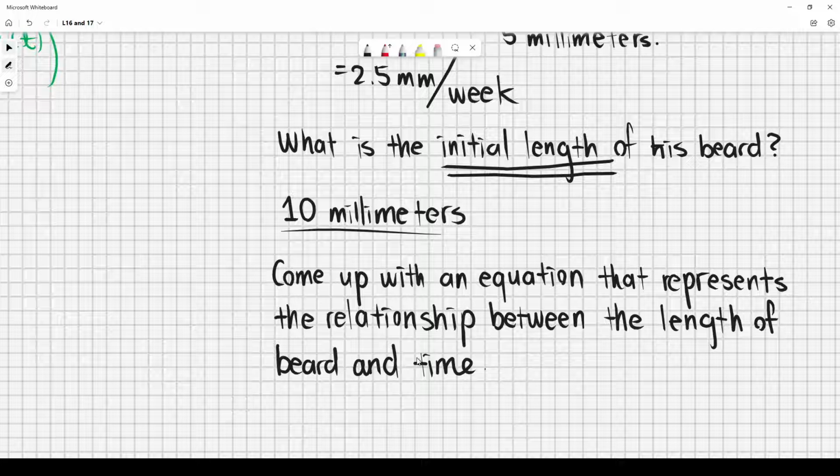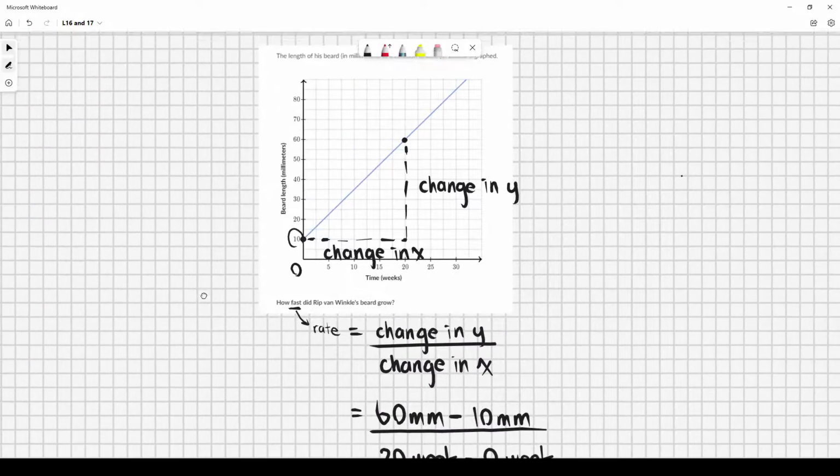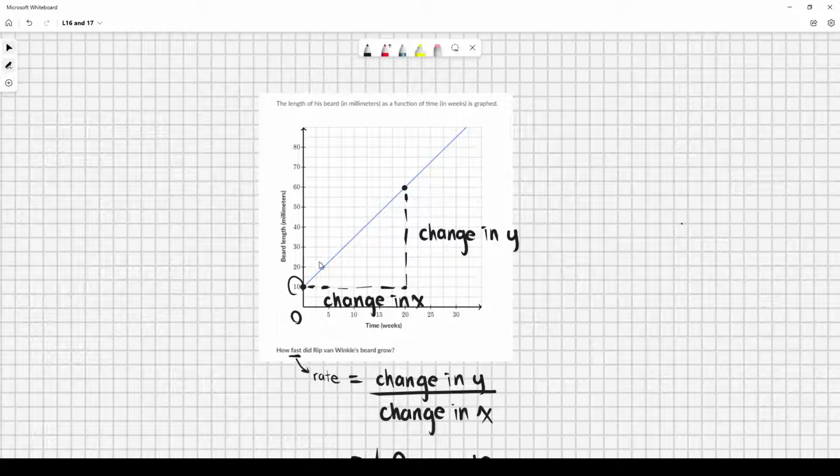So we want an equation that represents the relationship between the length of beard and time. Why do we want to do that? You don't have to do it. It's because these 2 points are pretty simple. At time 0, the length is 10. Or at time 20 weeks, the beard is 60.